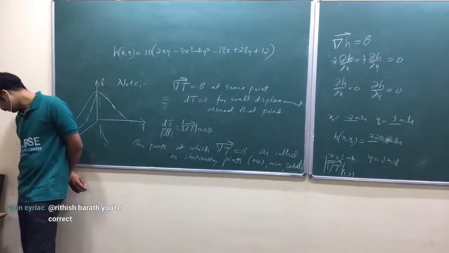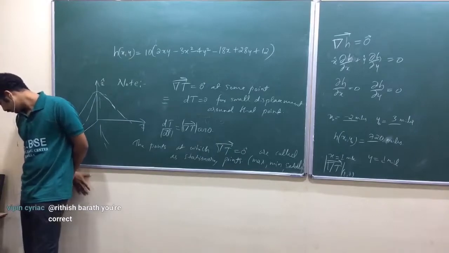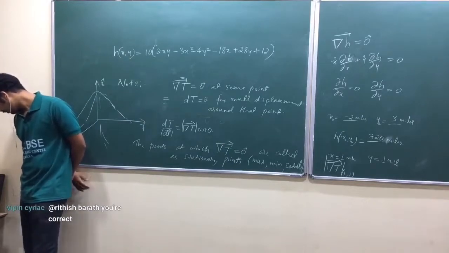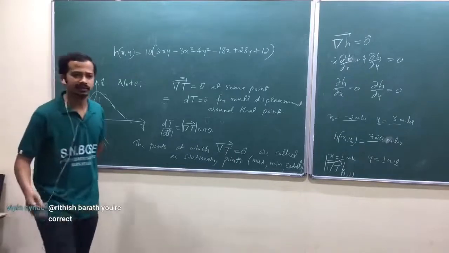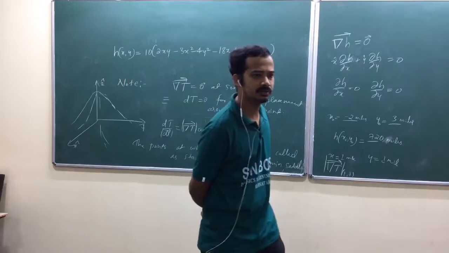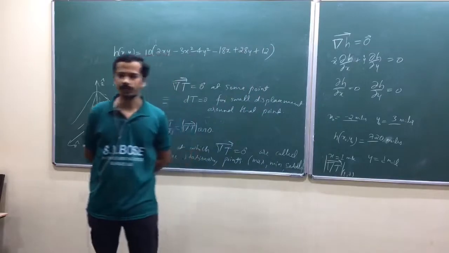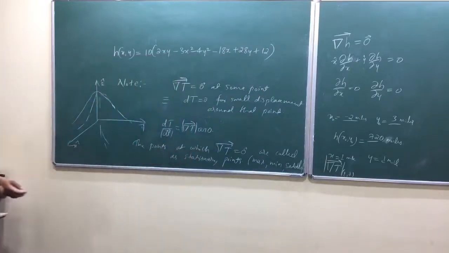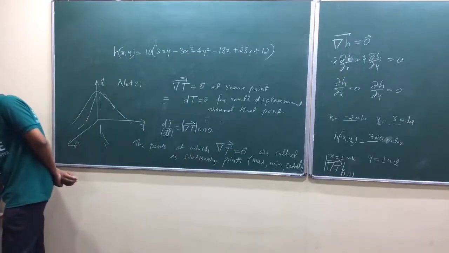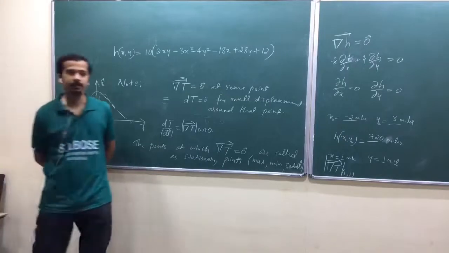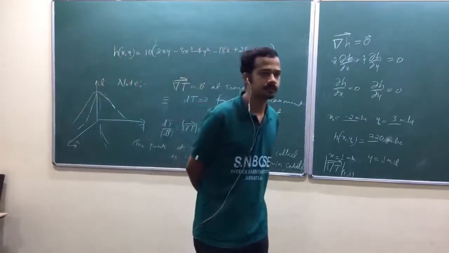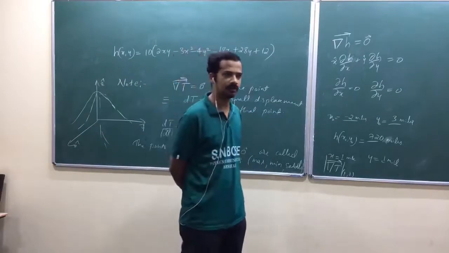Okay, the hill is in feet, and x and y distances are in miles. Then it makes no sense. Speak out. Height, you have to convert.